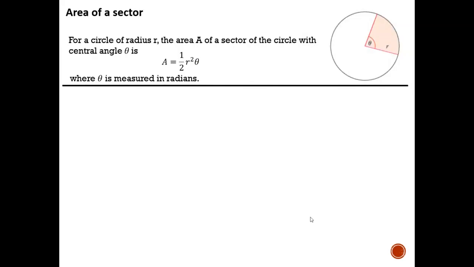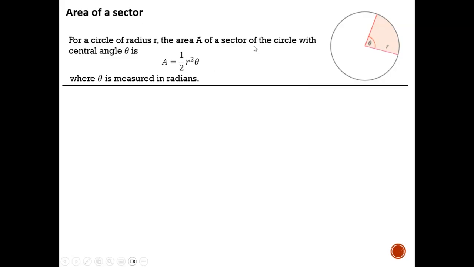The area of a sector, so what is that? For a circle of radius r, we have a circle here, there's the radius. The area A of a sector of the circle with central angle theta is given by this formula here. Area equals 1/2 times r squared times theta. Again, theta is the angle, but it is measured in radians, so we need a radian value.